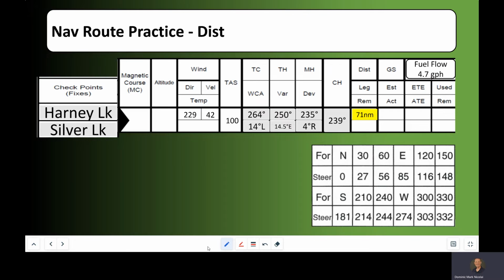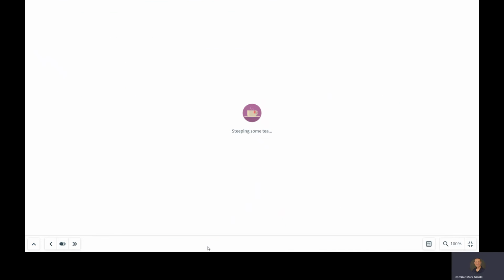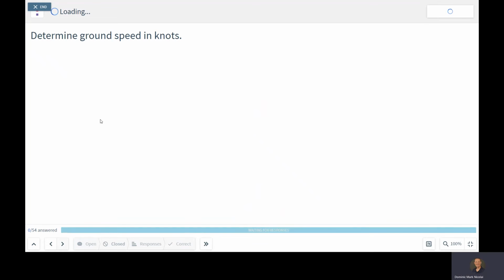We're going to use 71 for our distance here. Next bit is determining your ground speed. Now you did find your wind correction angle, so you may still have that set up in your computer. So we still got our winds at 229 degrees, 42 knots, and 100 knots of true airspeed. So let's get the ground speed figured out.